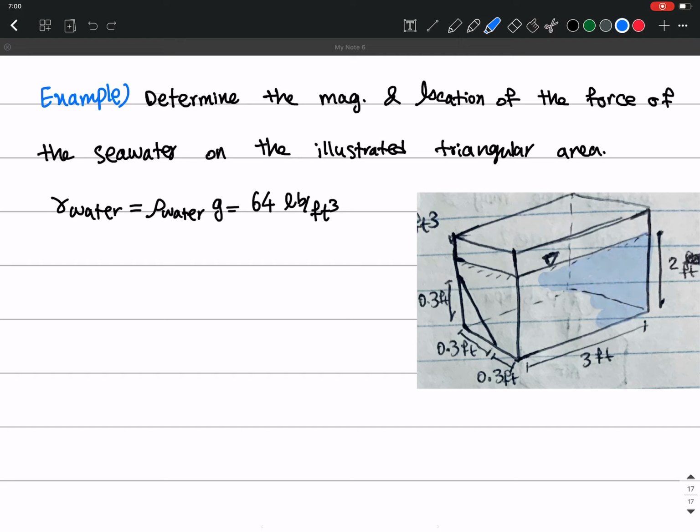Okay, this is all water here. So the question wants us to find the magnitude and location of the force of this seawater on this triangular area here.